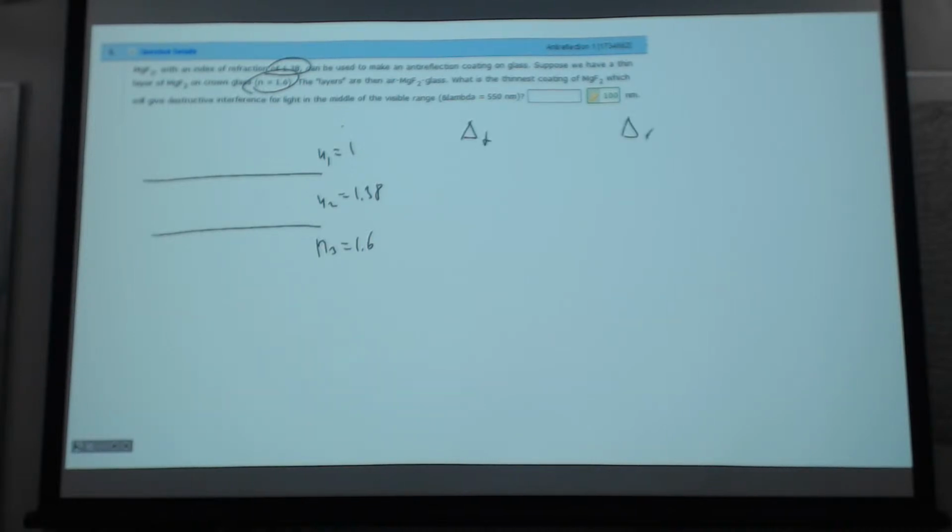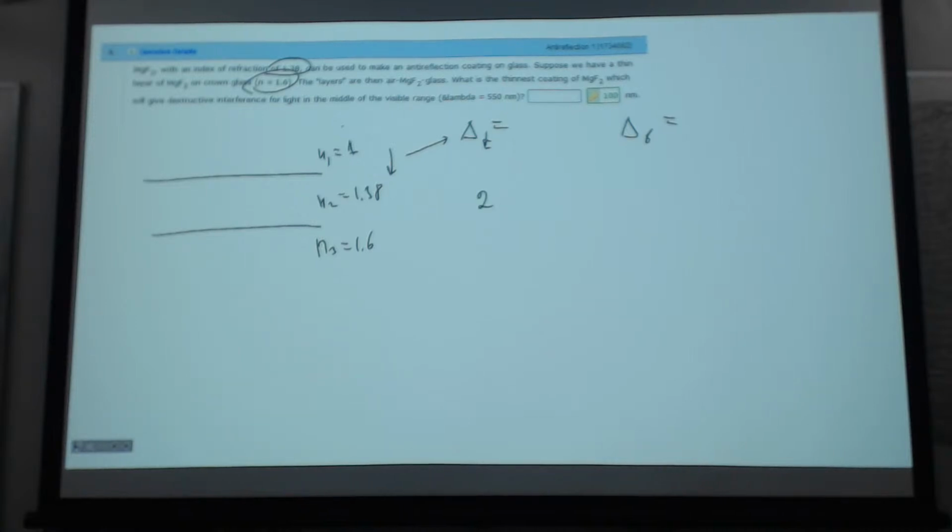What do you have for your phase shifts? At the top, and at the bottom? When it goes from air to MgF2, isn't there a phase shift of 180? Yes, but we need the phase shift in terms of the wavelength.